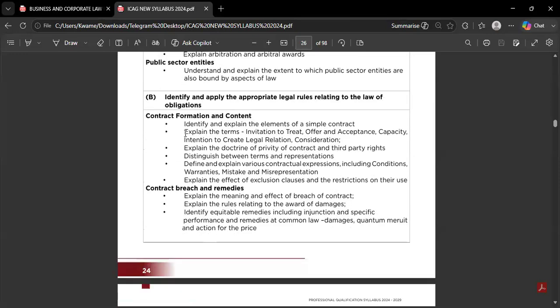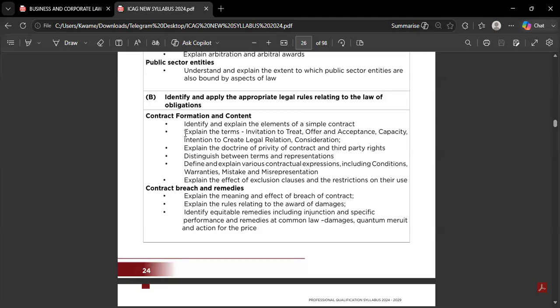Then under the law of obligations, that's where we are talking about legal relationships, where two people enter an agreement that is legally binding, therefore placing obligations on them. That's where we have our law of contract. Law of contract is the fundamental issue under this area, because as you proceed to see other forms of legal relationship, you see that the issues in law of contract come into play.